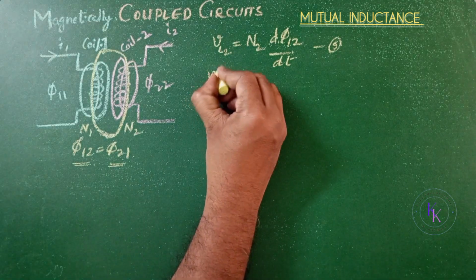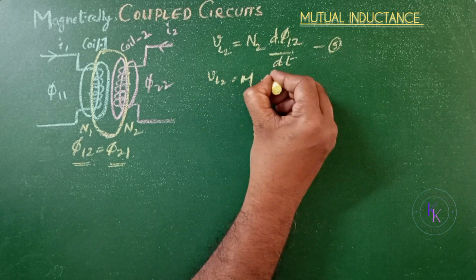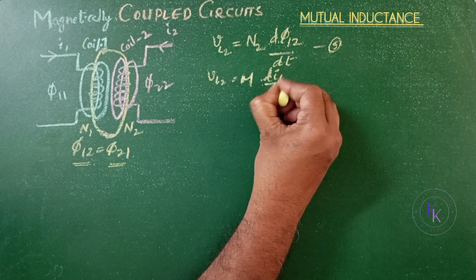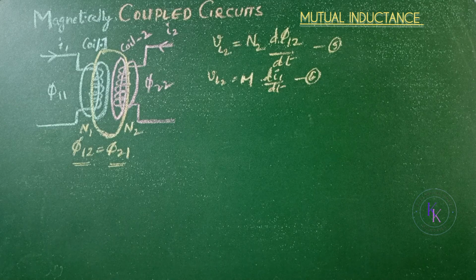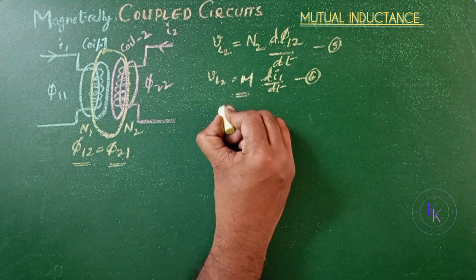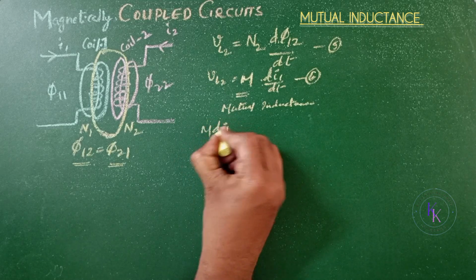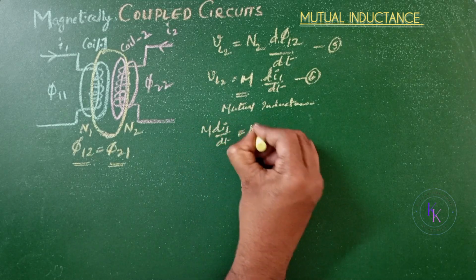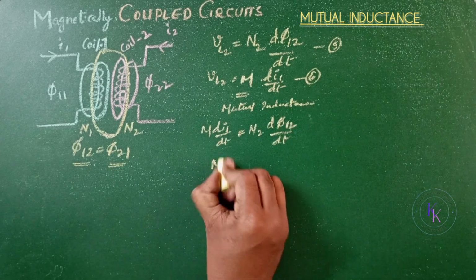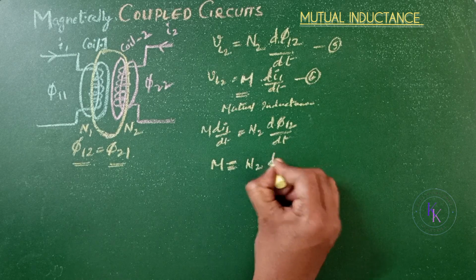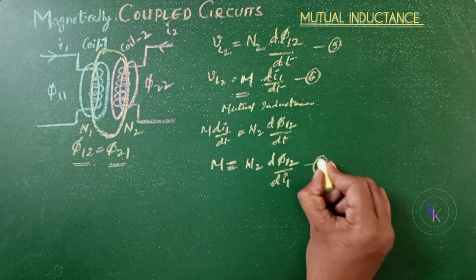So VL2 is given by the mutual inductance M times dI1 by dt. This is equation number 6, where M is the proportionality constant known as mutual inductance. Now comparing these two, M dI1 by dt equals N2 d phi 12 by dt, from which M is given by N2 d phi 12 by dI1. That is equation number 7.